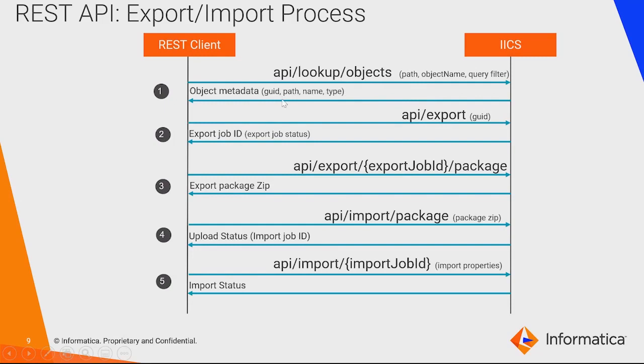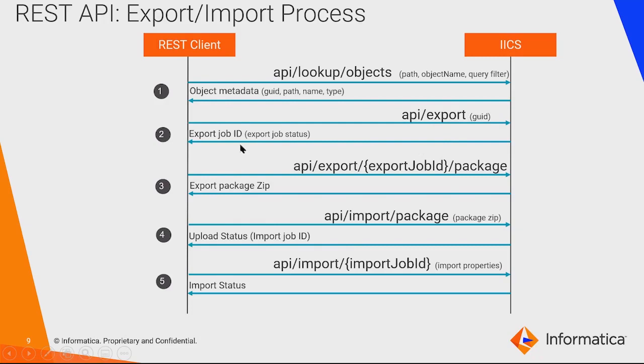One of these metadata fields is the GUID, and that ID needs to be used for exporting. So step 2 is the export API, which uses the IDs for these tasks. You get those IDs for exporting, club them into the export calls, and then pass those IDs.